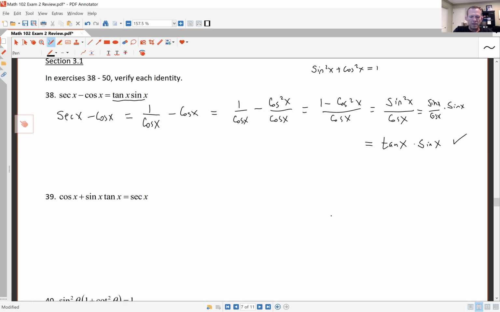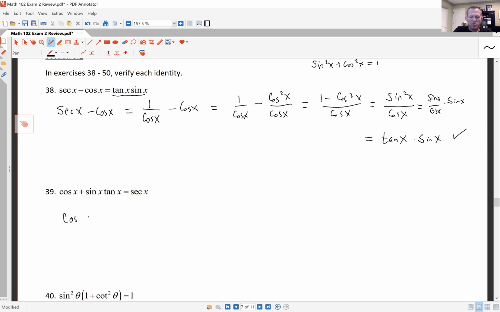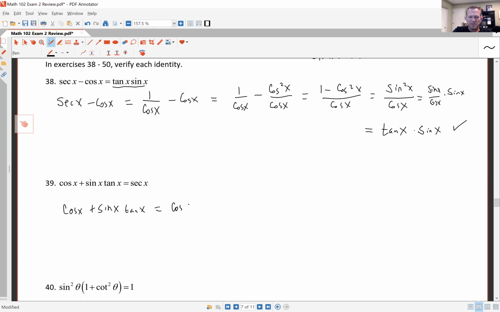The next one, the left side certainly has a lot more that we can do to it than the right side. Just a secant x on the right. So like I said before, let's write these all in terms of sines and cosines.